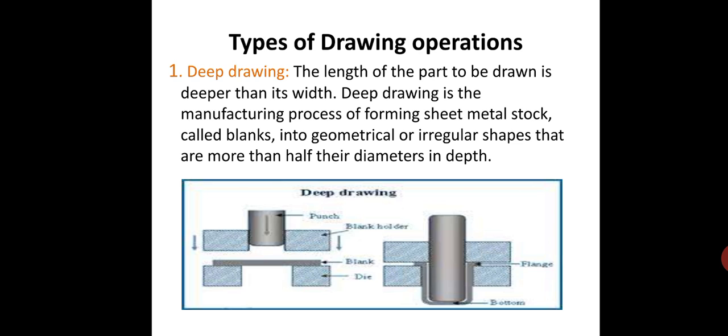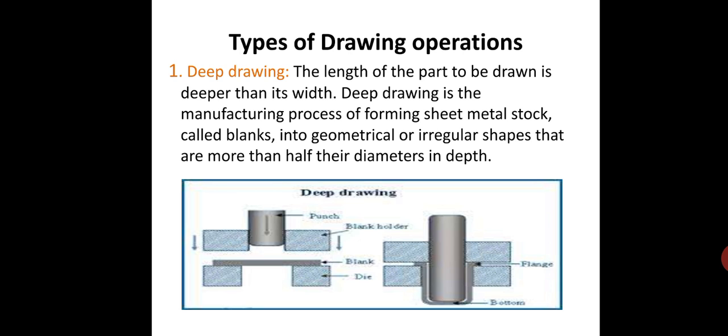Deep drawing is the manufacturing process of forming sheet metal stock called blanks into geometrical or irregular shapes that are more than half their diameter in depth. In the simple definition, the length of the part to be drawn is deeper than its width. That is called deep drawing.